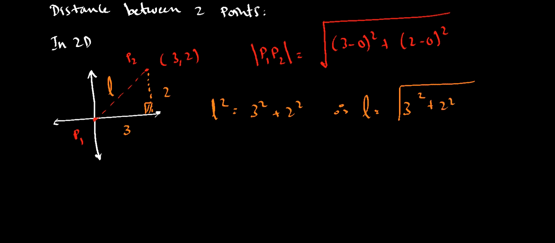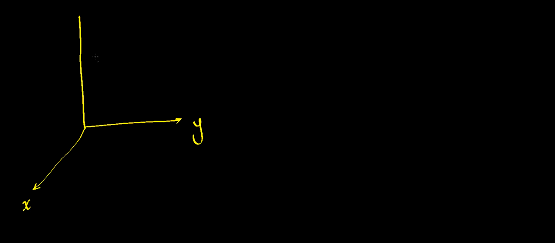Now we're going to use the same idea in 3D to find the distance between 2 points. So let's have an example over here. This is x, this is y, this is z. And let's say we want to find the distance between the origin, let's call the origin P1, and let's call this point P2, and P2 has the coordinates 3, 4, 5.